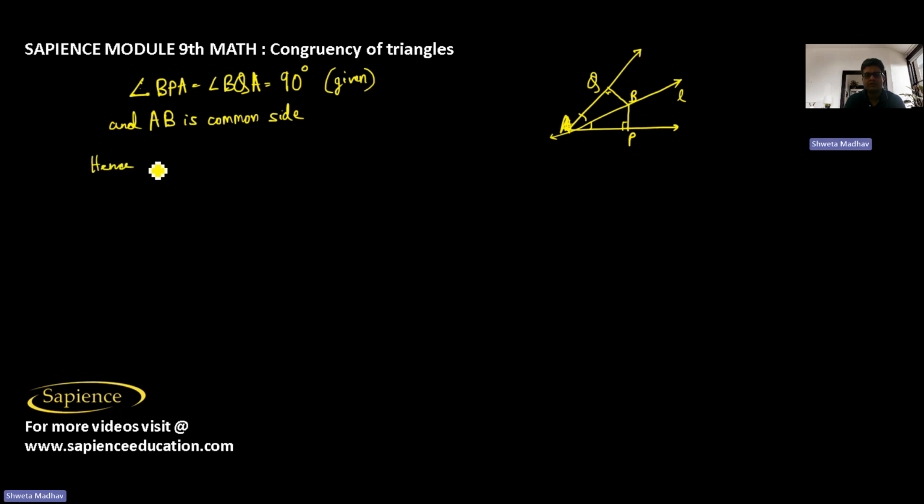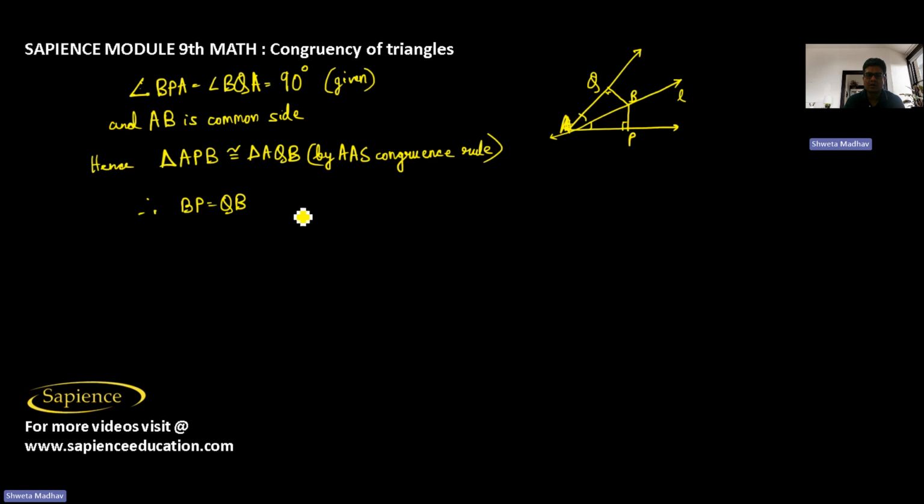So hence you can see that triangle APB is congruent to triangle AQB. How? By the AAS congruence rule. So therefore, we can say that BP equals BQ, which is by CPCT.